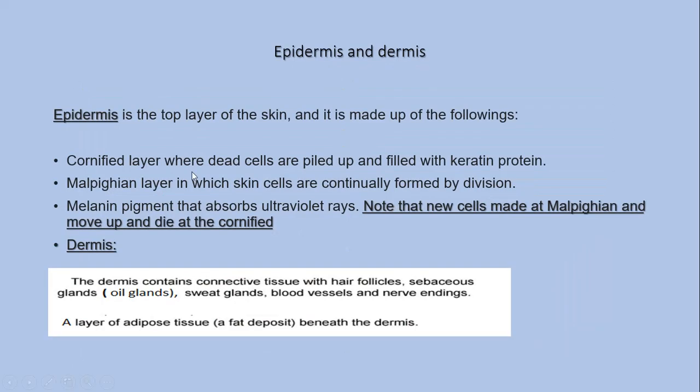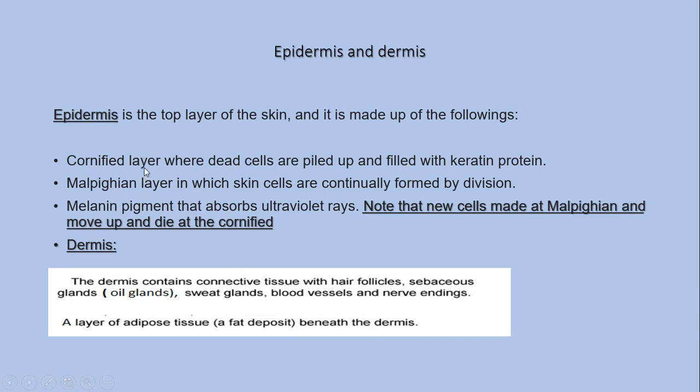So this slide shows the main structure of the epidermis and dermis. As we said, the epidermis has the cornified layer, the Malpighian layer, and the melanin pigment. It's very important to recognize the difference between cornified and Malpighian.